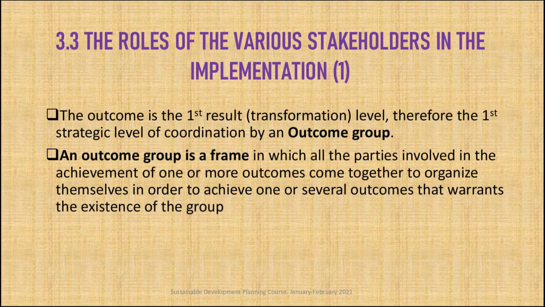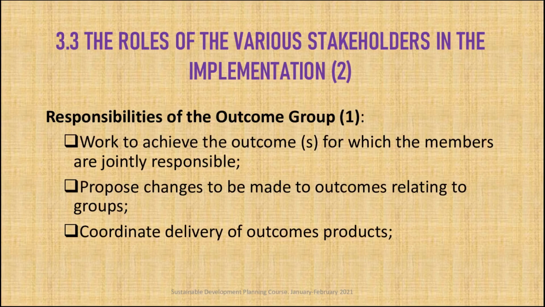Therefore, it's the first strategic level of coordination by an outcome group, which is a frame in which all the parties involved in the achievement of one or more outcomes come together to organize themselves in order to achieve one or several outcomes that warrant the existence of the outcome group.